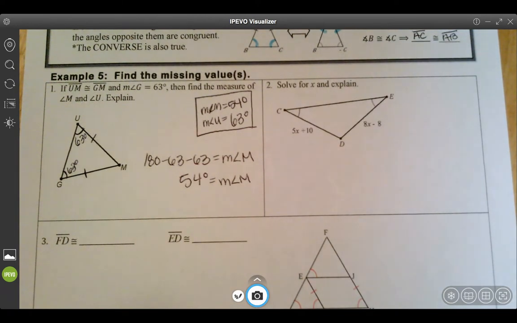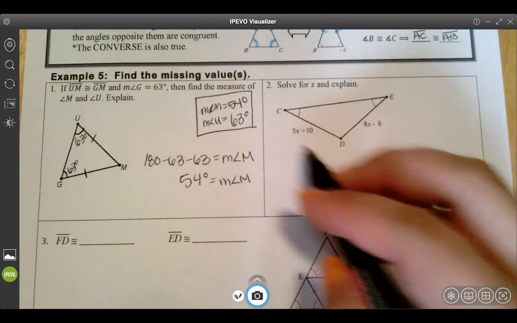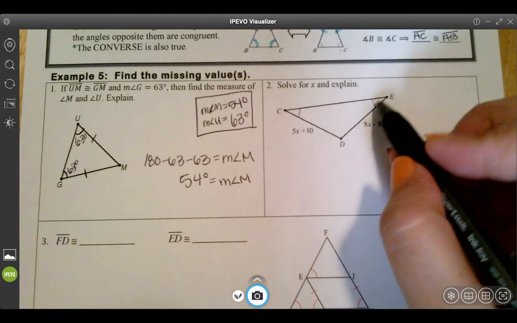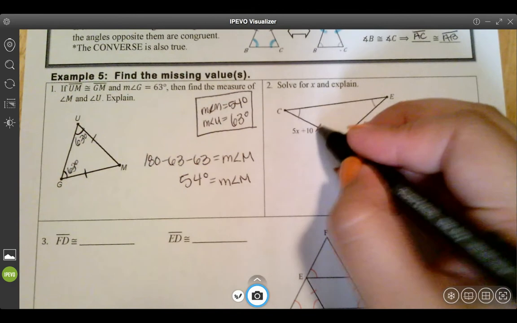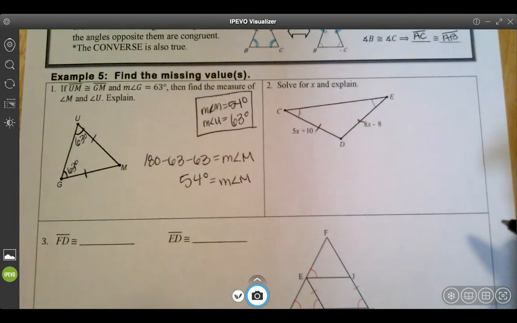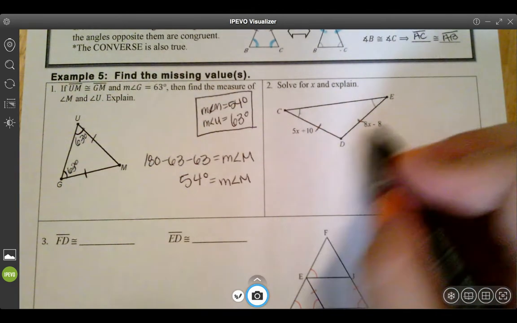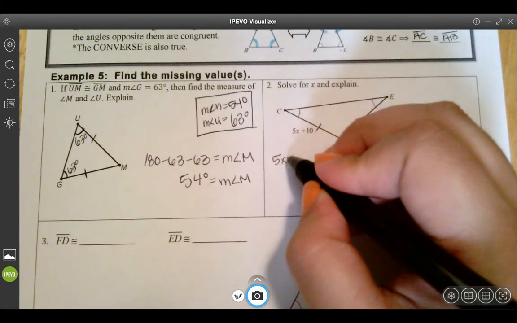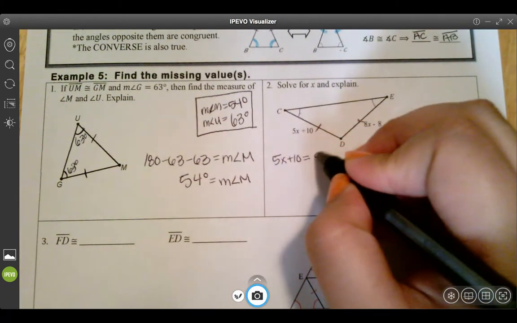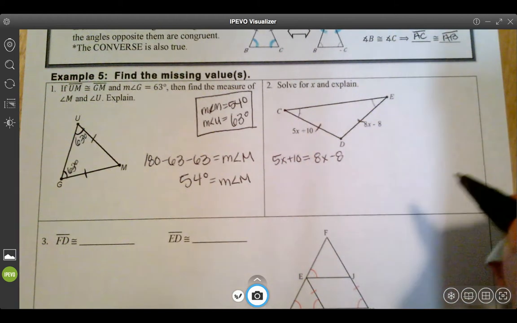For number 2, we have our congruences marked here. If I have two congruent angles, that means the sides opposite them are also congruent. And therefore, we have these two statements should be congruent. 5x plus 10 equals 8x minus 8.